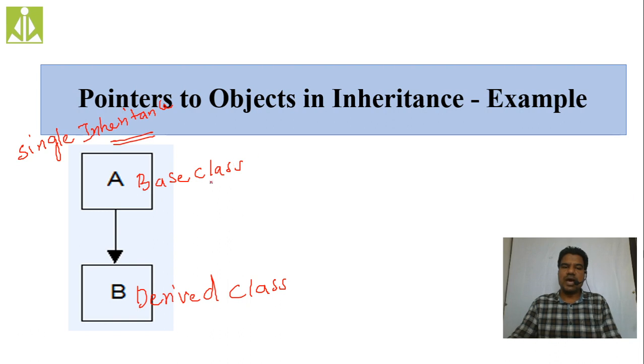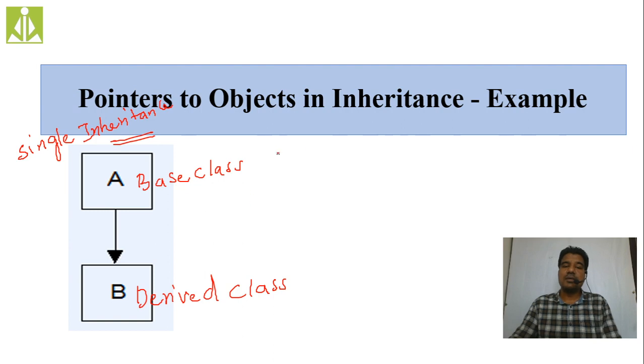So you can have an object of the base class and you can have an object of the derived class. When you are creating objects for the base class and derived class, only the base class object or base class pointer can point to the derived class object.